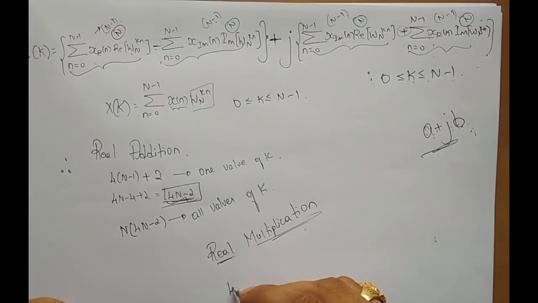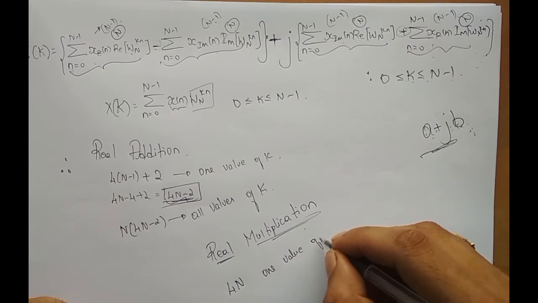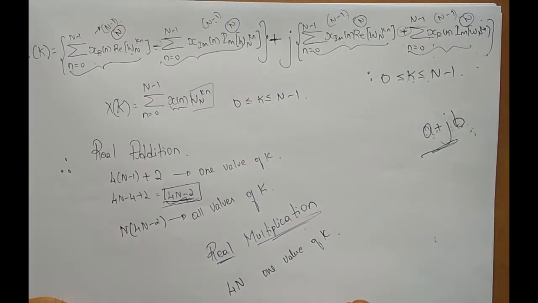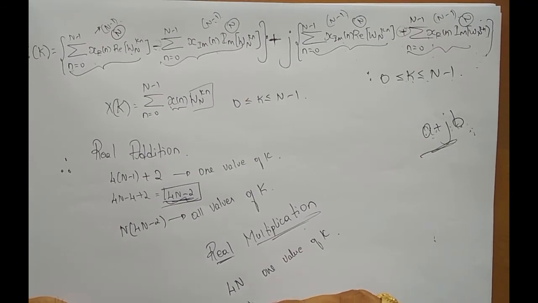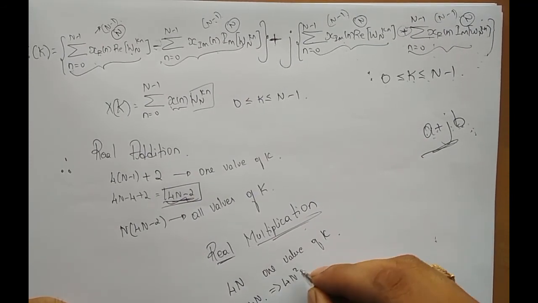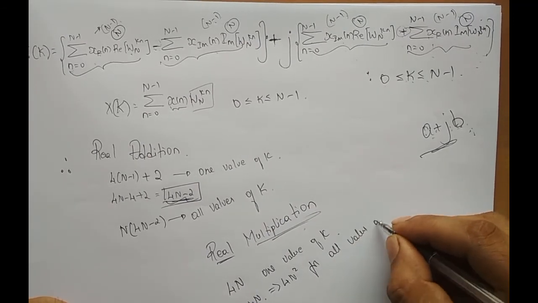So therefore 4n number of real multiplication. This is for one value of k, right? For all values of k, this has to be done n number of times. So this is 4n. For all values of k, it is n. So therefore this is nothing but 4n square. This is for all values of k.